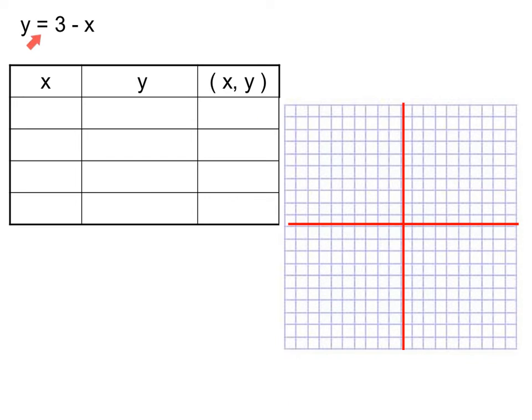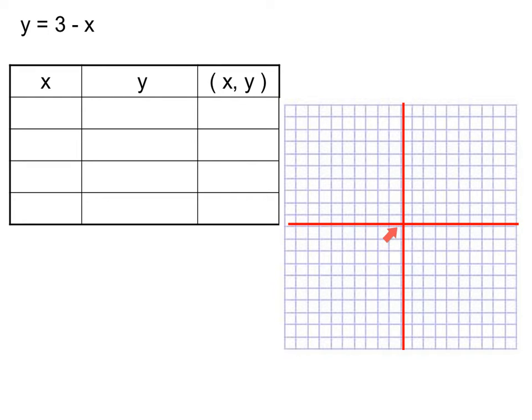All right, let's look at the next function, which is y is equal to 3 minus x. And the first thing I need to do is pick some values for x. Now I have my favorites, which would be 2, 1, 0, and -1. But I always have to look first to see if I'm given a graph and how many spaces there are.